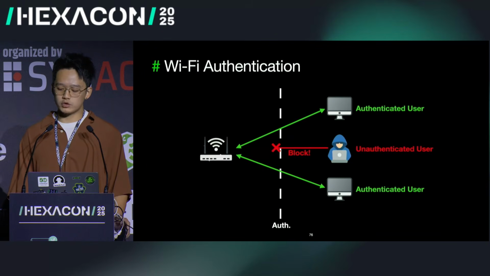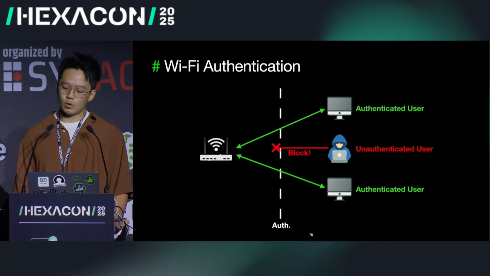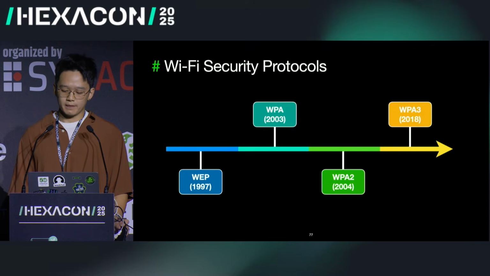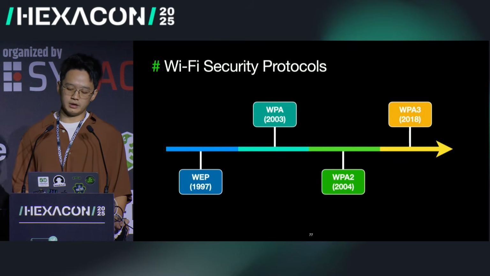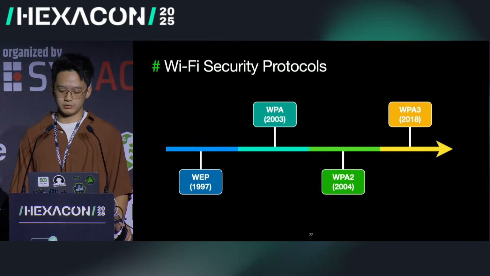Unlike Ethernet, which requires a physical cable to a switch, Wi-Fi can be accessed by anyone within signal range. Therefore, it needs an authentication mechanism to protect the private Wi-Fi network. So far, Wi-Fi security protocols have evolved through WEP, WPA, WPA2, and WPA3.